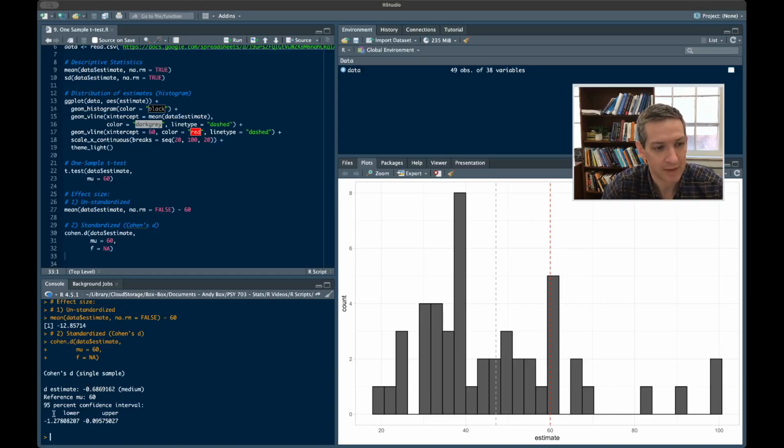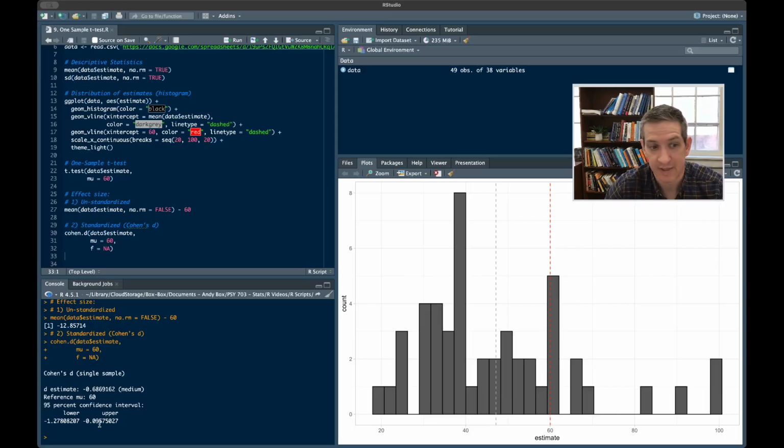And then finally, while we're here, we also get a confidence interval, and this confidence interval is also a 95% confidence interval, but unlike earlier where what we observed was a confidence interval around the raw mean difference, here we're seeing a confidence interval in units of Cohen's d. So just like before, this confidence interval excludes 0.